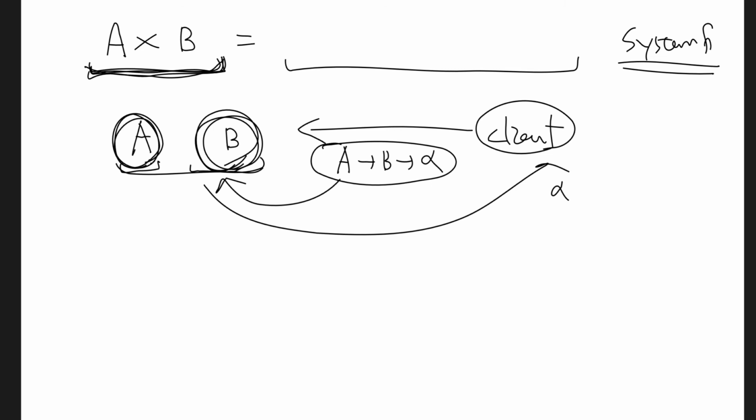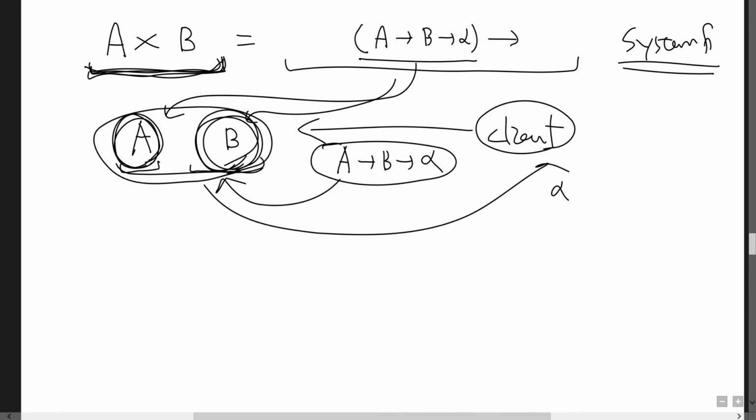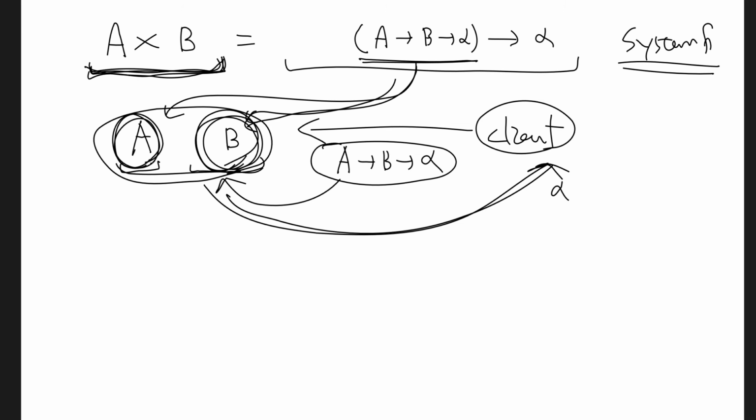So what that means is: give me a function that consumes both A and B, and then I will apply this function to A and B, which I am supposed to own. So I definitely have both A and B. You just give me a function of this type, and then I will produce alpha for you. So that's the idea behind how to encode the product types.